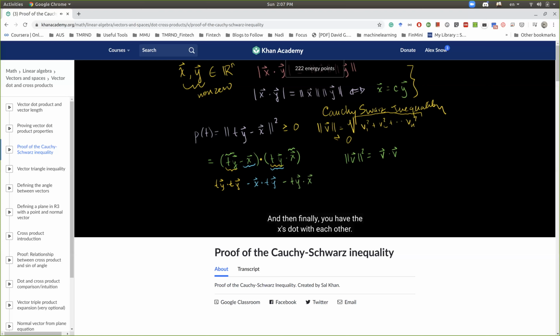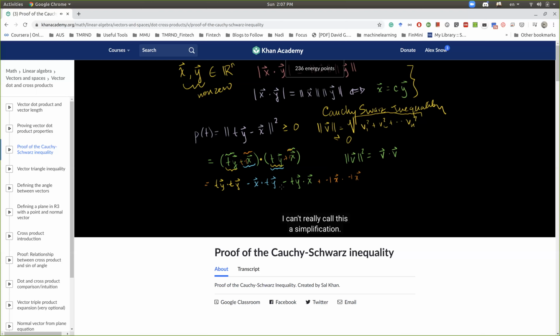And finally you have the x's dot with each other, minus 1x dot minus 1x, so plus x dot x. This is what my whole expression expanded to.